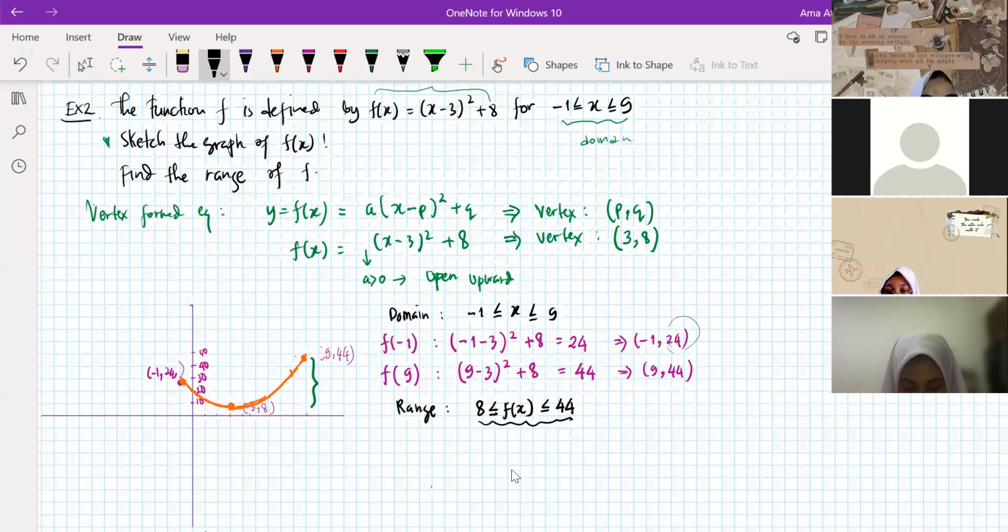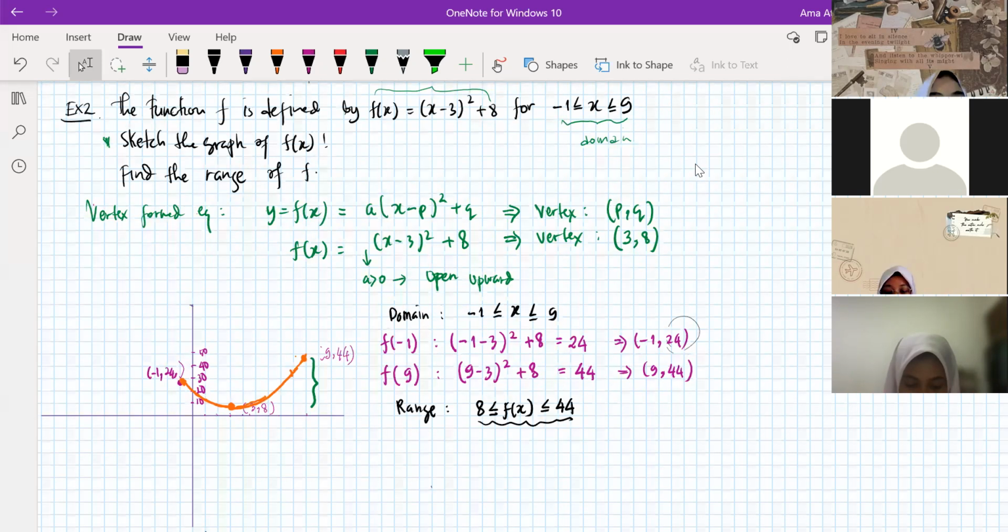In this case, the domain passes through the vertex because the vertex is at x equals 3, and 3 is between -1 and 9. So it passes through the vertex, which is the minimum point, and therefore when sketching the graph we can see that this is something we need to include as well, the vertex. So therefore the range is from 8 to 44.